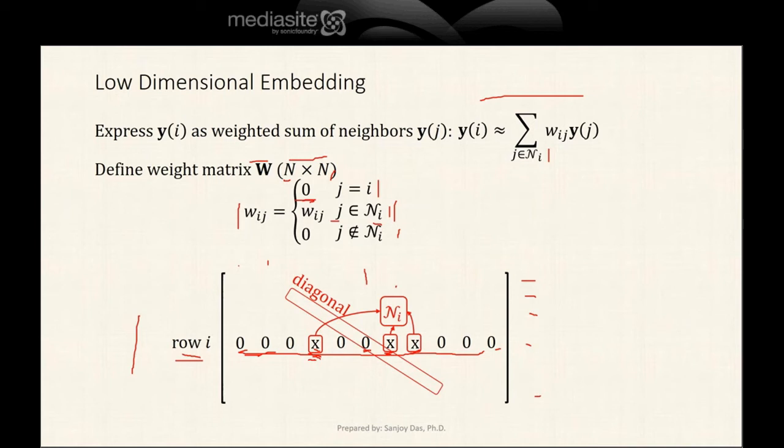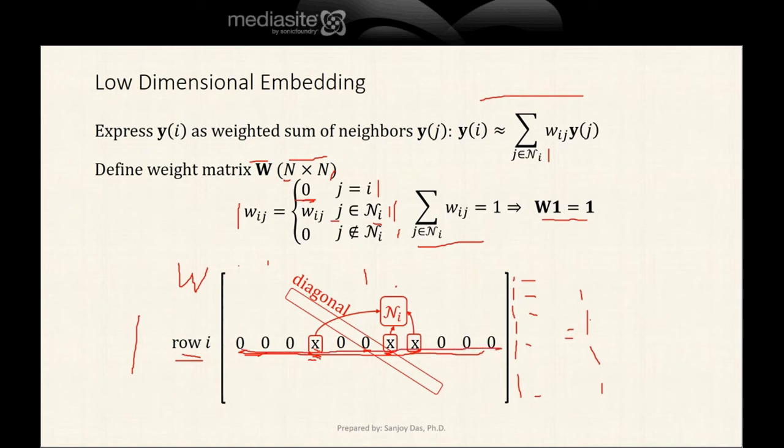In terms of vectors, what that means is if we multiply this matrix W with a vector of all ones, then we should get all ones. So this is what it means. Since summation wij equals 1, W times 1 should equal 1 because all the entries in each row add up to 1. That's why.